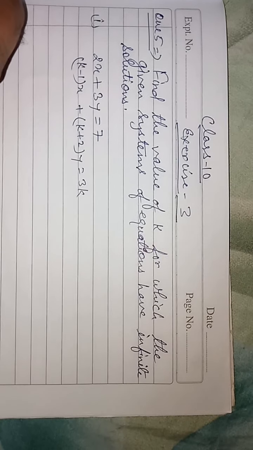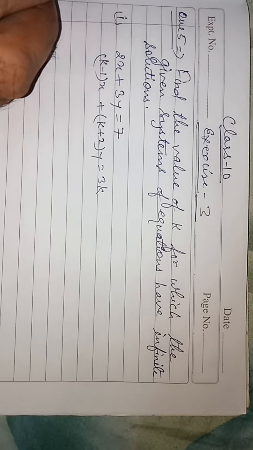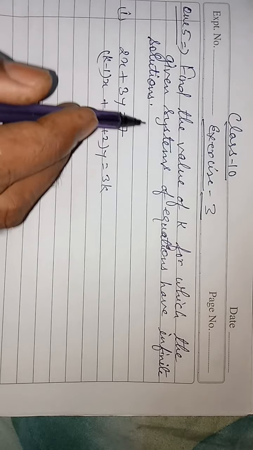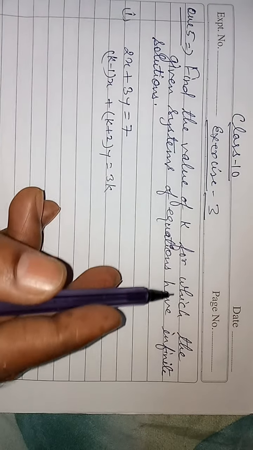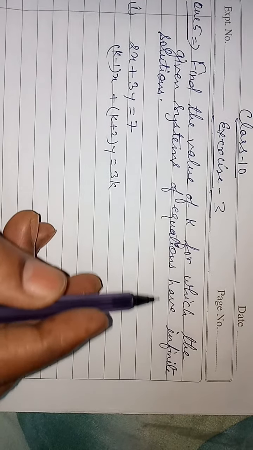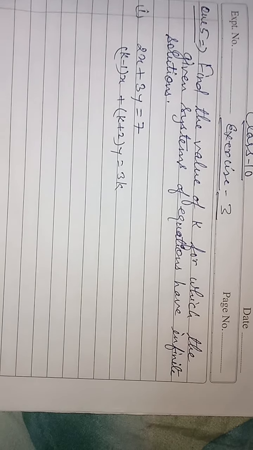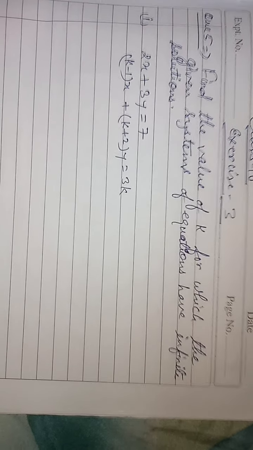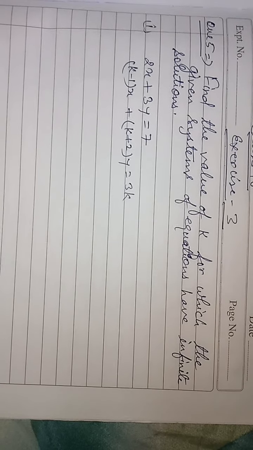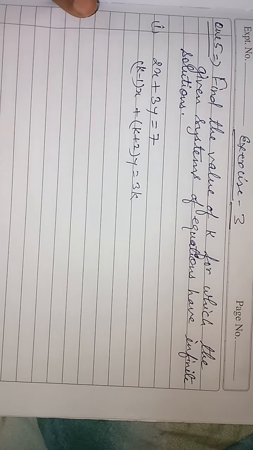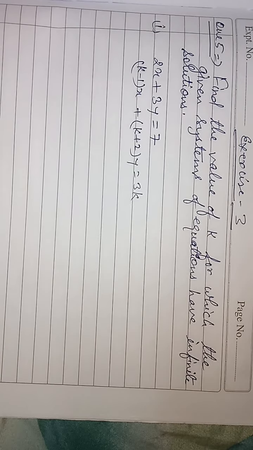Hello students, question number 5 of exercise 3 is: find the value of k for which the given system of equations has infinite solutions. You have to find the value of k if the given system of equations has infinite solutions.